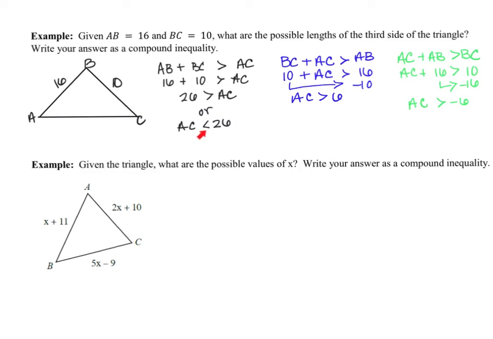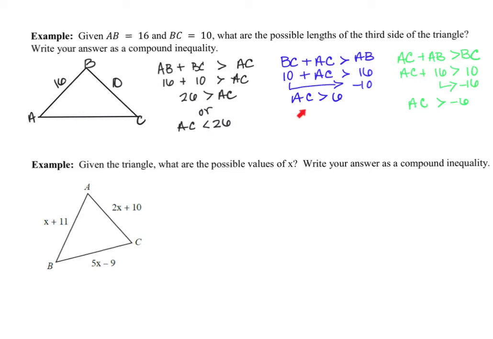So if we look at our answers here, we know that AC has to be less than 26, but greater than 6. So this answer doesn't really make sense. We have a length as negative, and lengths can't be negative. And this says that the side length has to be greater than 6.